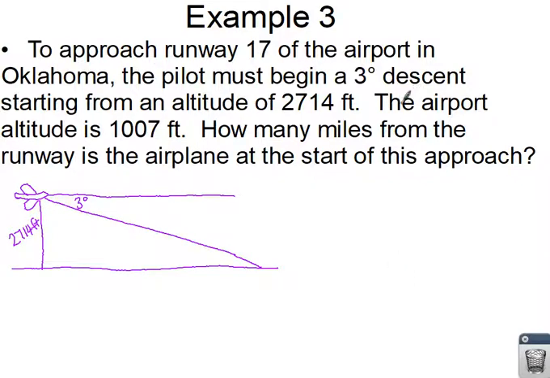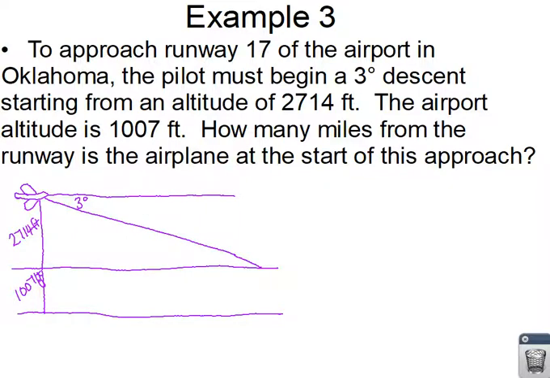Okay, the airport altitude is 1,007 feet, so this isn't really the ground. That's sea level down here. So this is 1,007 feet, which is actually how high above sea level this is. So we want to know how many miles from the runway the airplane is at the start of his approach.